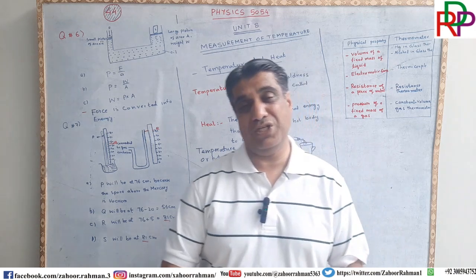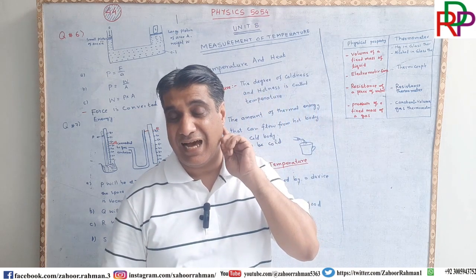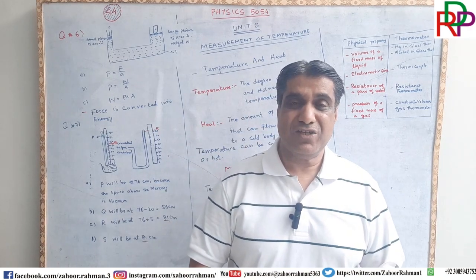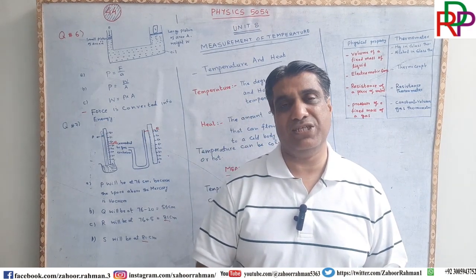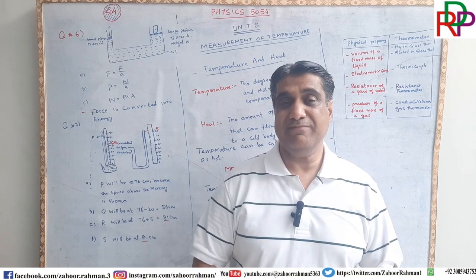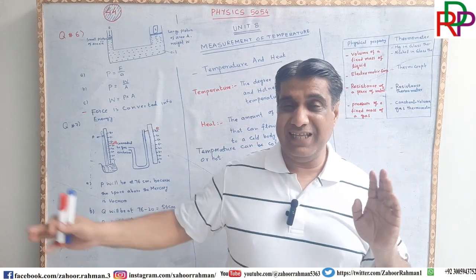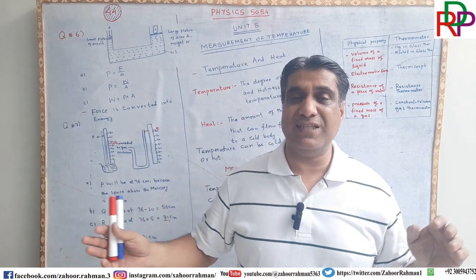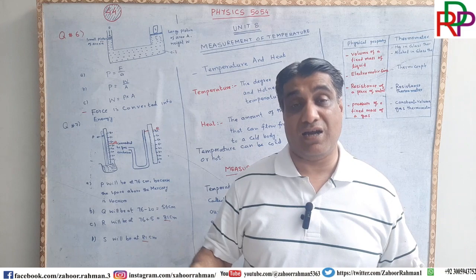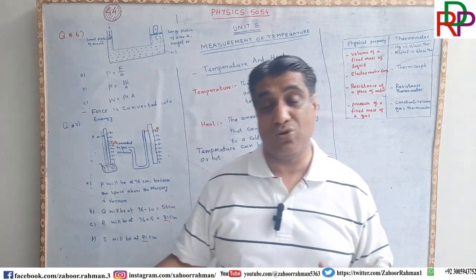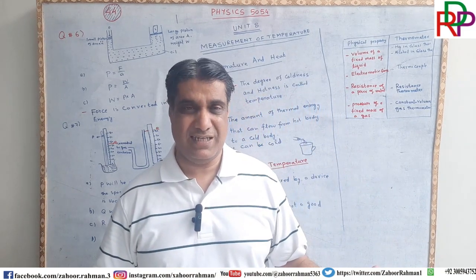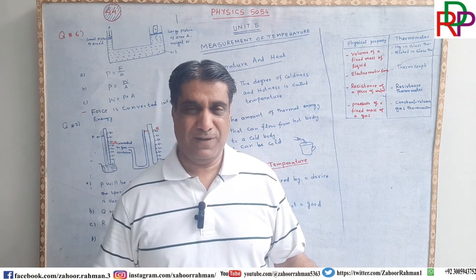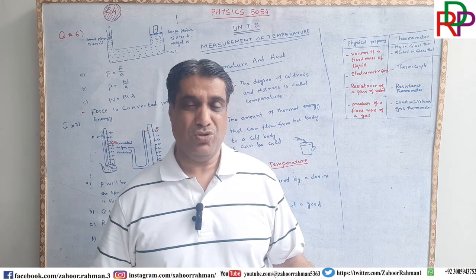So what should we do? At the beginning of this topic I told you that we have to measure the temperature accurately. In the case of the door knob and the wooden portion, one is telling us coldness and the other is telling us hotness, so we won't be able to differentiate between the two.